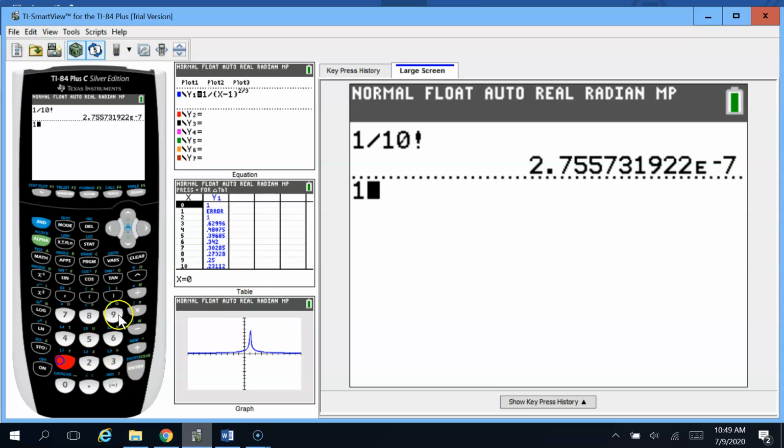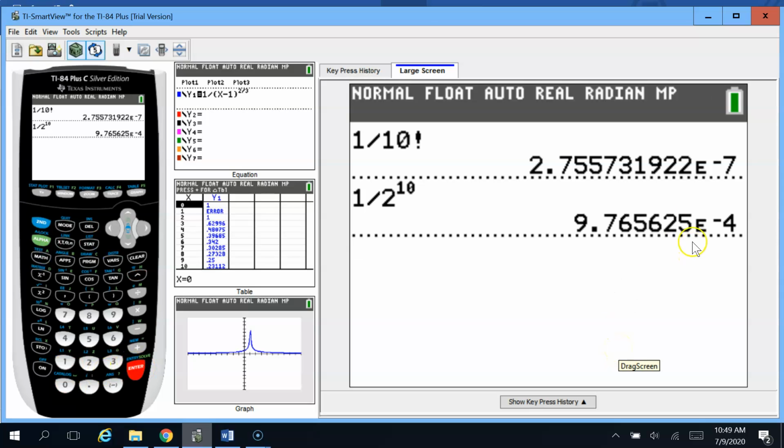Let's compare that with 1 over 2 to the 10 power. This one only has 4 decimal places. This one has 7 decimal places, which means this one is the bigger number.